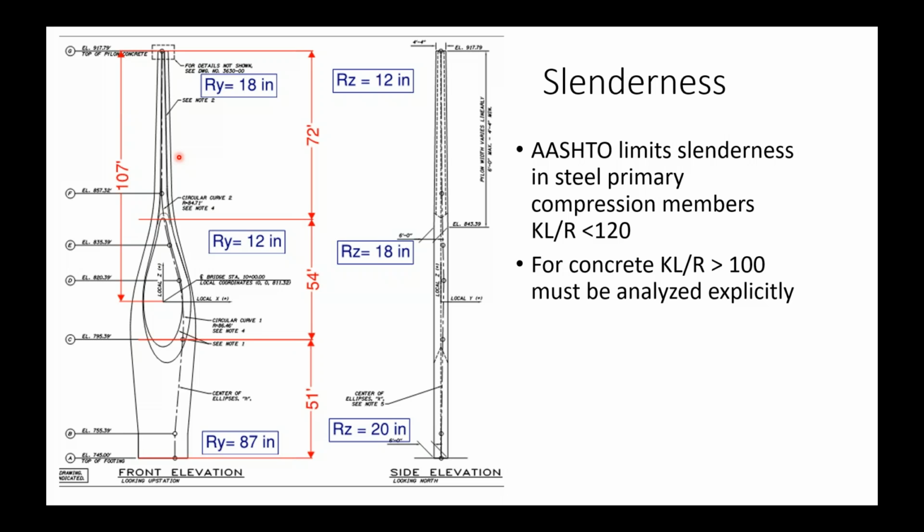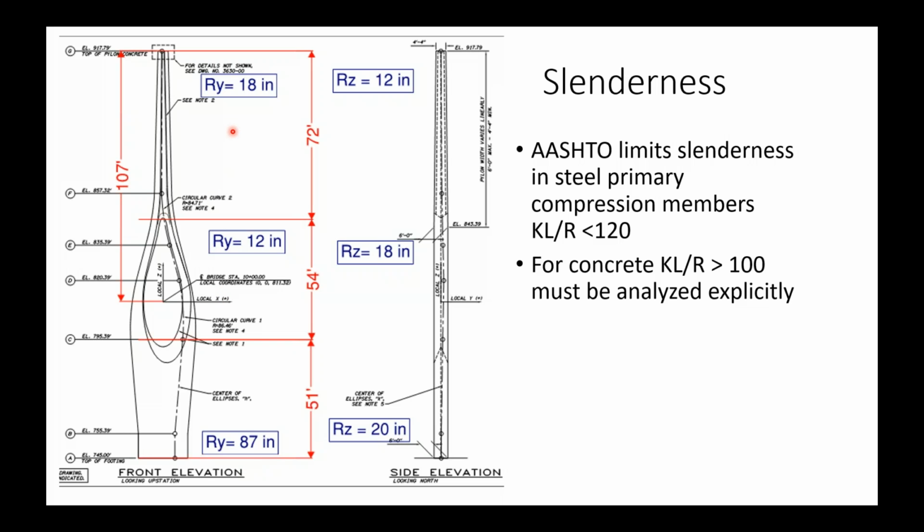So looking at this, I've given the radius of gyration of various portions of this pylon. Radius of gyration is easy to calculate for circles and even for squares, but on this unique shape, it's a bit misleading potentially. But in the transverse direction, you can see the radius of gyration.